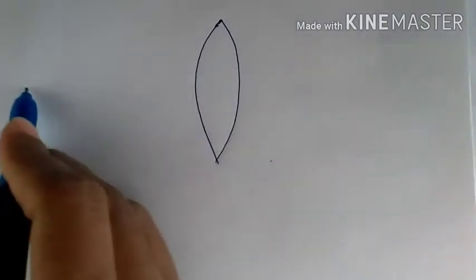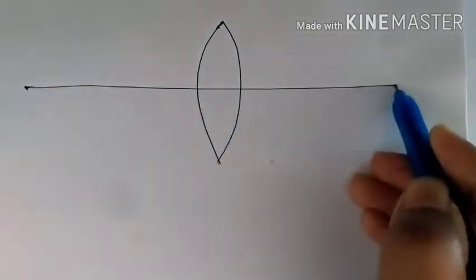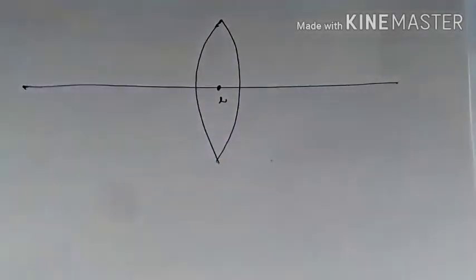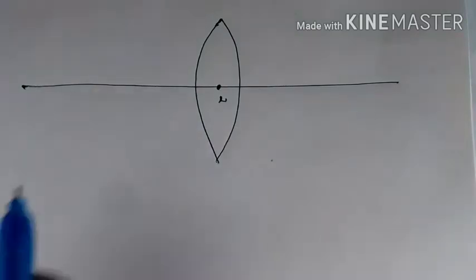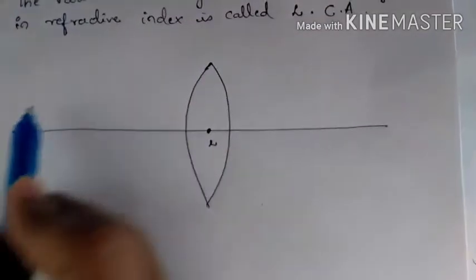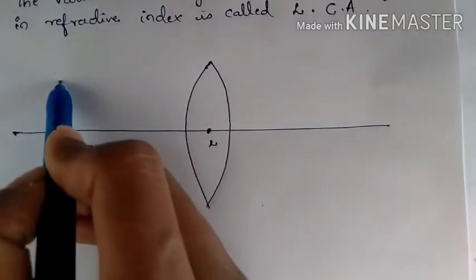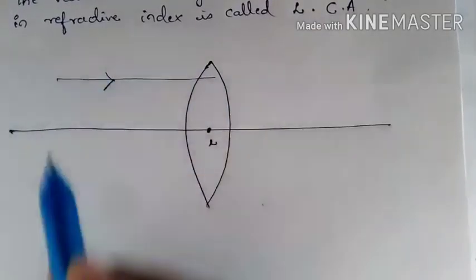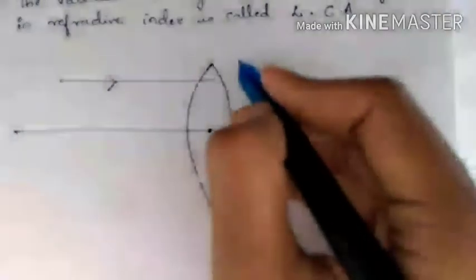There is a principal axis which passes through the center of the lens L. Now, as I said, in chromatic aberration we use polychromatic light or white light. So let us make a white ray incident on the lens. So this is the white ray.